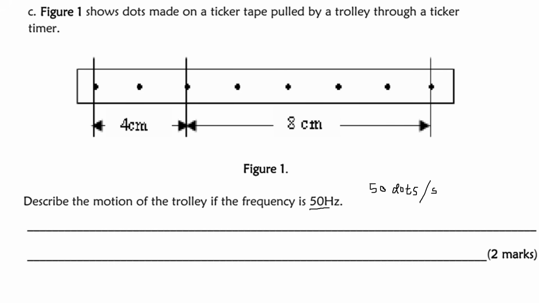That's what is meant by 50 hertz. It means that the ticker timer will make 50 dots per second.